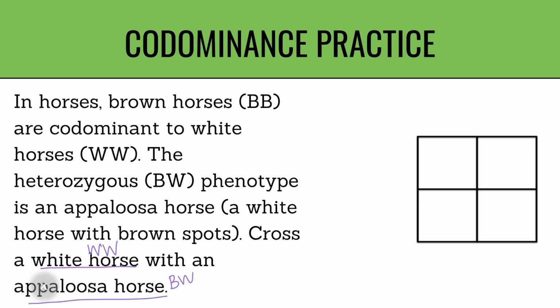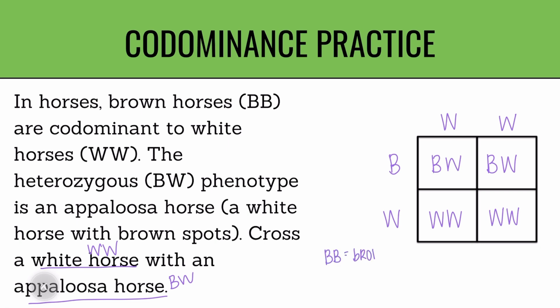Okay, so I have my white horse and my Appaloosa horse, and I cross those to get my different options. Okay, so my different phenotype options, I have brown, I have Appaloosa, and I have white.